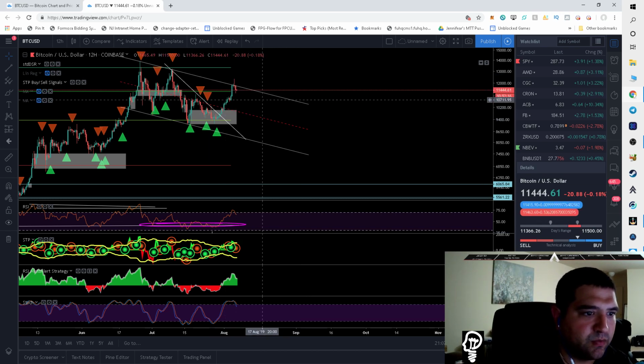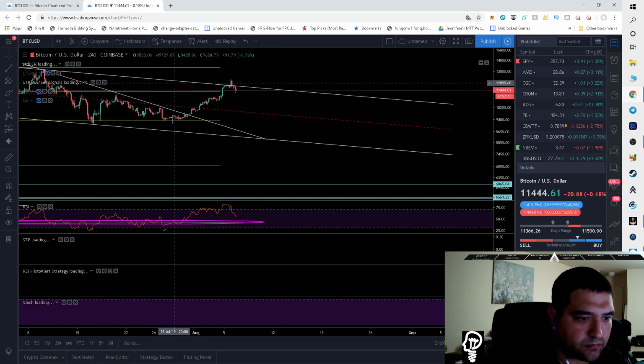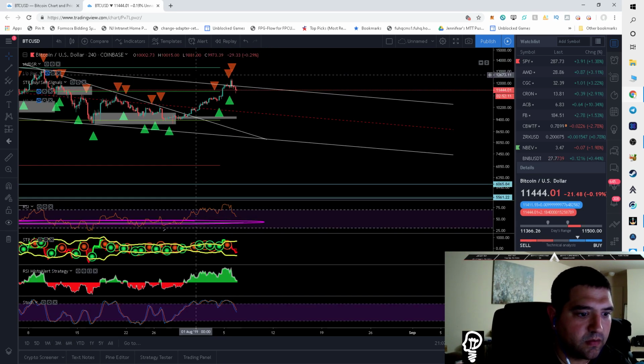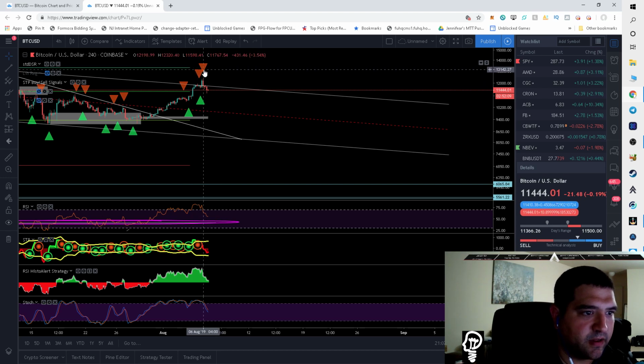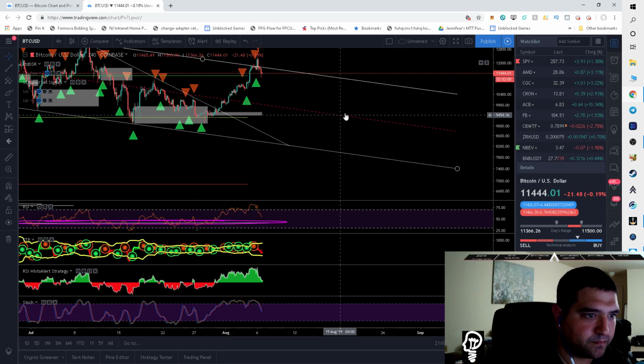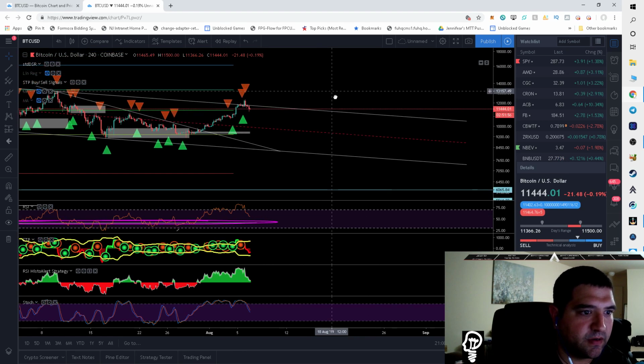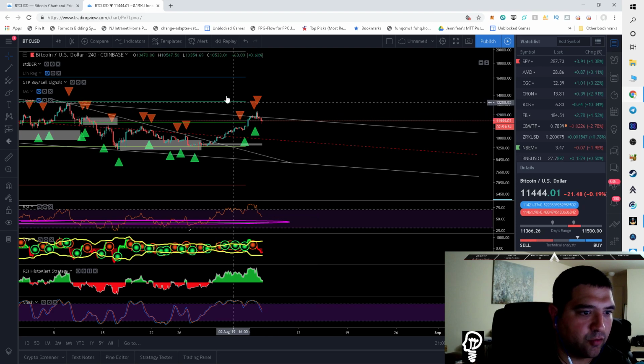So now the question is, where are we headed now, right? So we go to a 4-hour chart. We do have our sell signal that did come in at around 4 a.m. this morning, okay? So we obviously don't have any sort of pattern that's formed yet here.